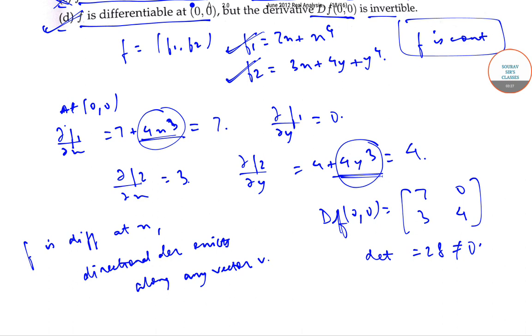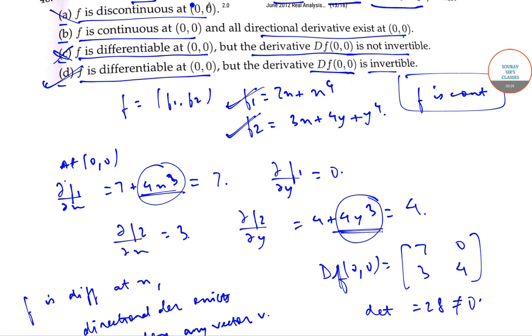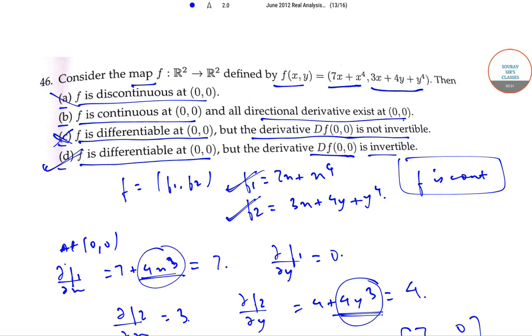Now since by option D f is differentiable, its directional derivative exists at (0, 0). Thus option B is also correct. Therefore option B and option D are the only correct options.